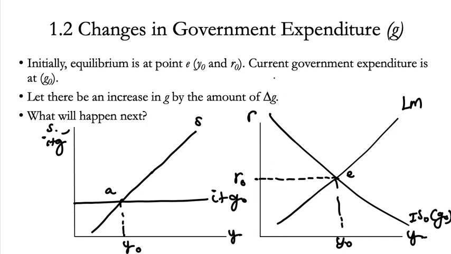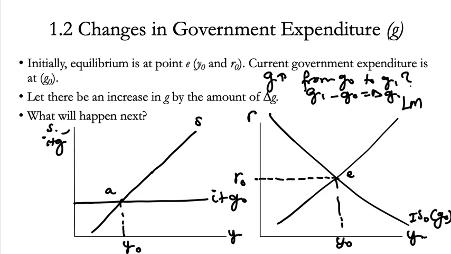Now, let's say G increases from G naught to, let's say, G1, and the difference between G1 and G naught is the change in G, such that G1 is greater than G naught. So what happens next?